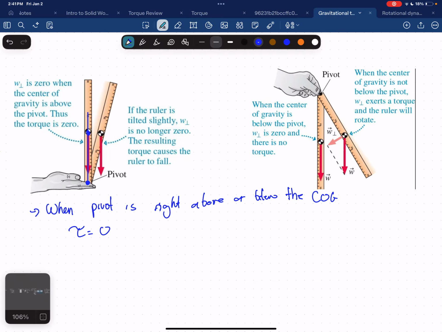Why is that? Well, that's because the perpendicular component of the force will be 0. All right?